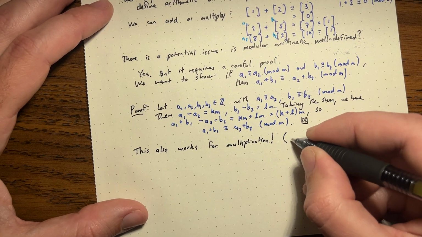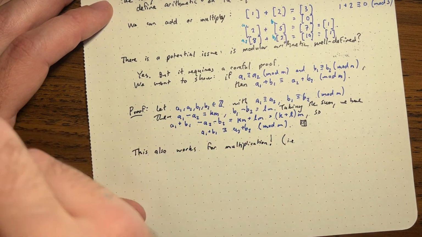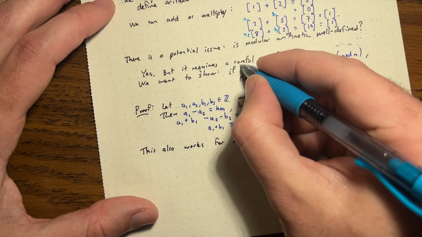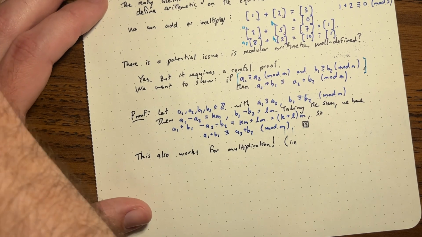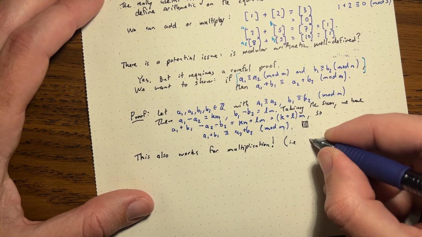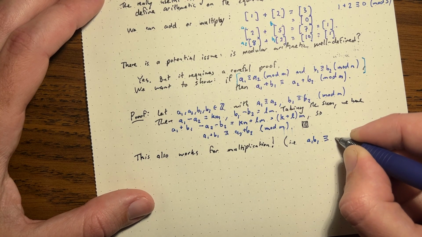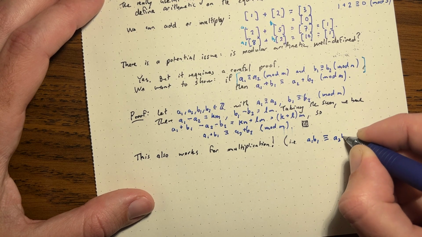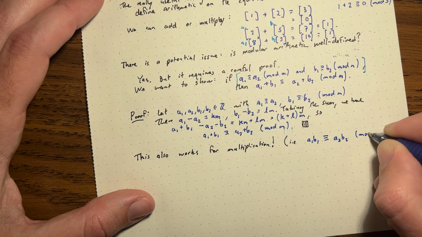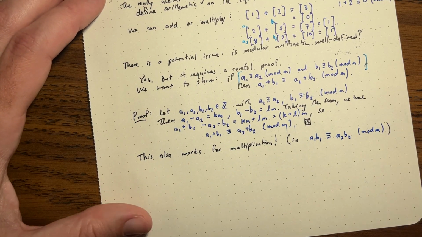What do I mean it works for multiplication? I.e., we have the same setup here. It always turns out that the product A1 B1 is going to be in the same class as A2 B2. Okay. Let's try to prove that.